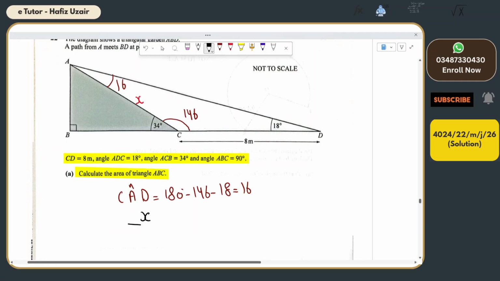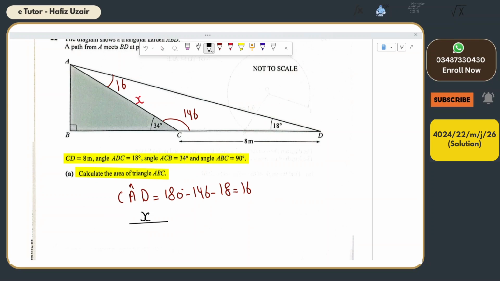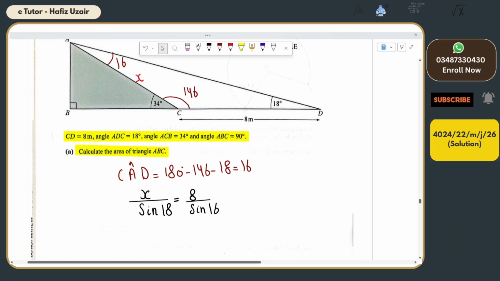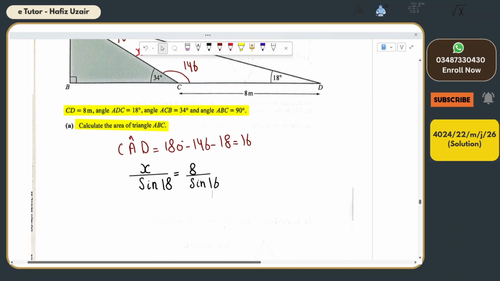x over, which angle is opposite to this one? 18. So you can write x over sine 18 is equal to 8 over sine 16. The angle opposite to 8 is 16. Now just cross multiply and you can find the value easily.